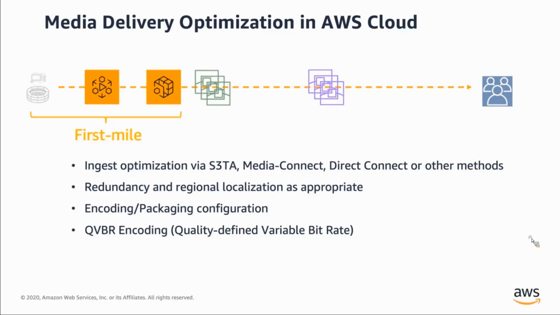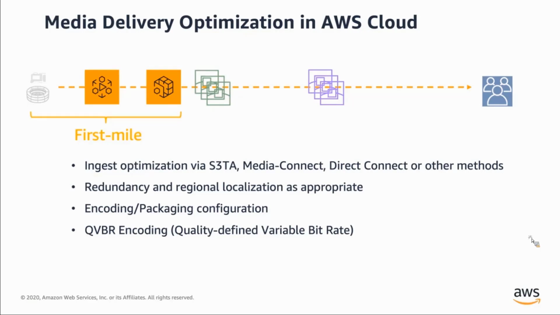It's primarily used for live signal acquisition. We have Direct Connect that allows you to directly peer and connect into the AWS network from your own infrastructure. So if you have lots of content or files in a CMS or things like that that you want to get into the AWS infrastructure or to applications, you can optimize that.